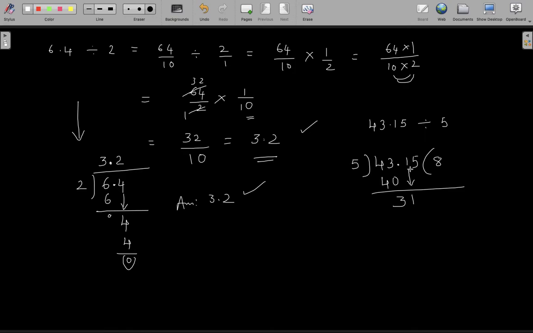This 1 is after the decimal point, that is, you're bringing down actually 0.1. But instead of writing it as 0.1 here, we're going to introduce the decimal point here in the quotient, making it 8 point something. Now that you have 31, 5 times 6 gives you 30, leaving you with a remainder 1.